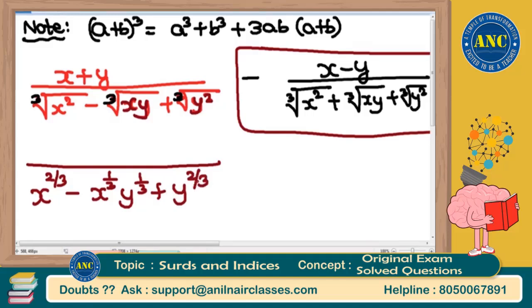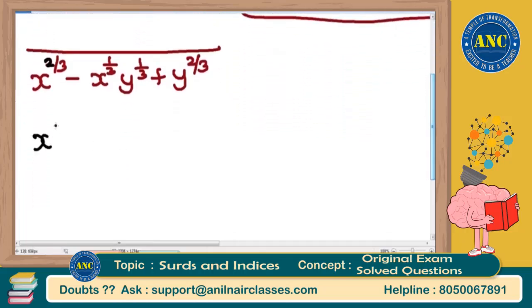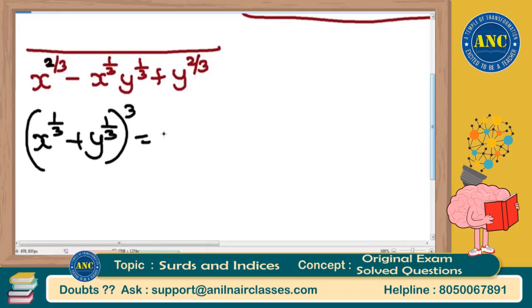Now, this is nothing but, I can write it as follows. Using x power 1 by 3 plus y power 1 by 3 whole cube: a plus b whole cube is a cube plus b cube plus 3ab into a plus b.